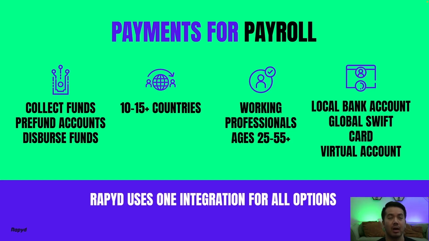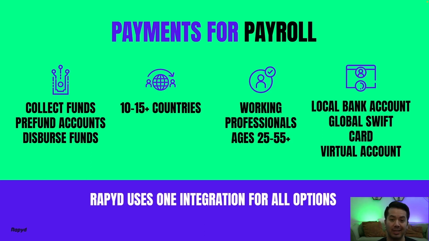Of course, Rapyd has hundreds of countries in which it can accept and disperse payments. These could be, let's say, local bank accounts that they would accept and move funds. It could be global SWIFT, accepting payments and sending payments cross-border.